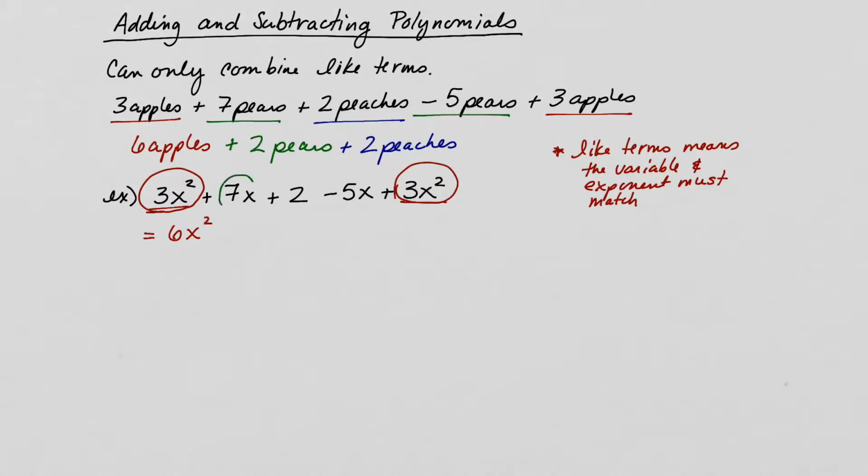I have the 7x and the minus 5x, which gives me 2x. And the only other thing I have left is the plus 2. So that's my final answer. I cannot combine anything else because the things left are all different: this has an x squared, this has an x, this has a 2. Apples go with apples, pears go with pears, and the peach is all by itself.